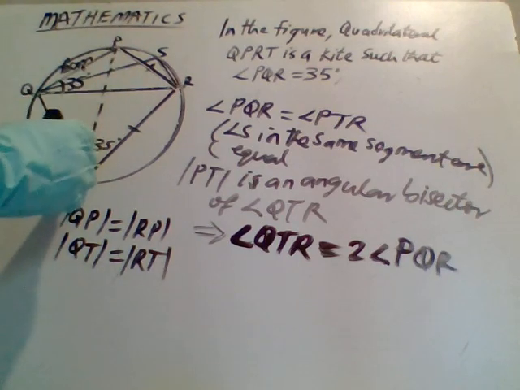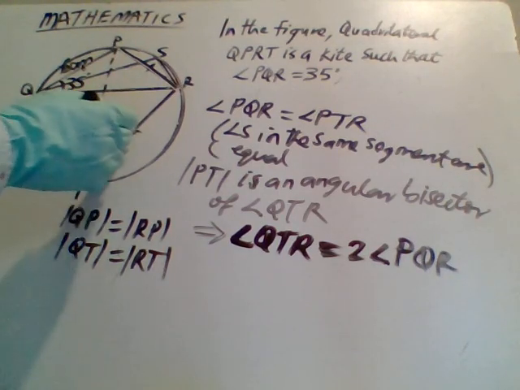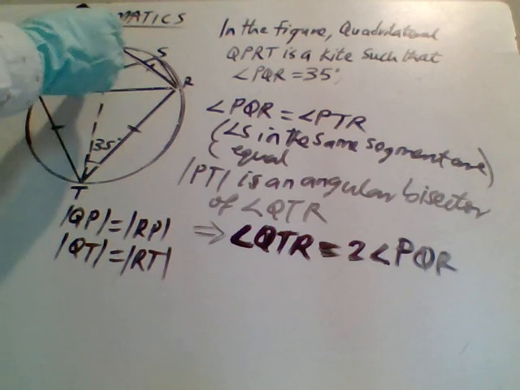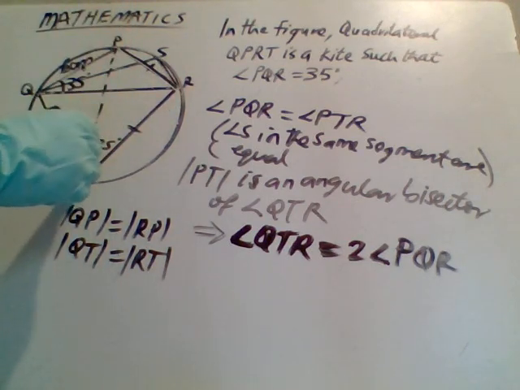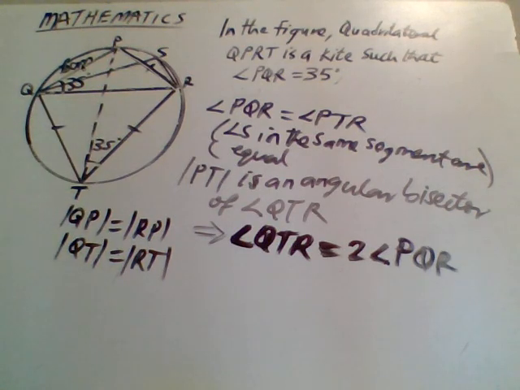This is an angular bisector, because this length is equals to this length, and here is equals to here. If you draw a line to this, it will bisect these angles into 4 parts.